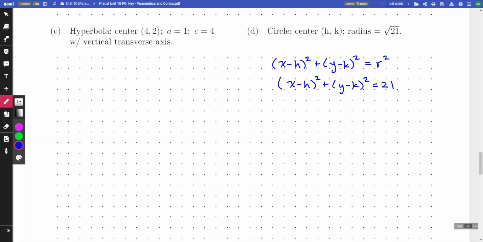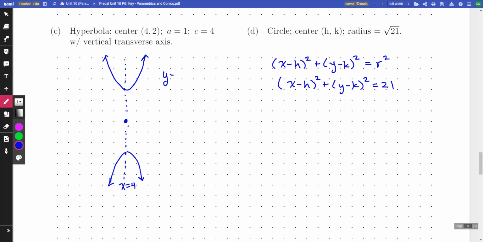What that vertical transverse axis tells us is that from our center at (4, 2), our vertical transverse axis is x equals 4, which also means that our hyperbola is going to be opening upwards and opening downwards.